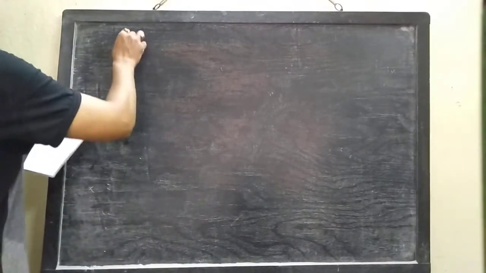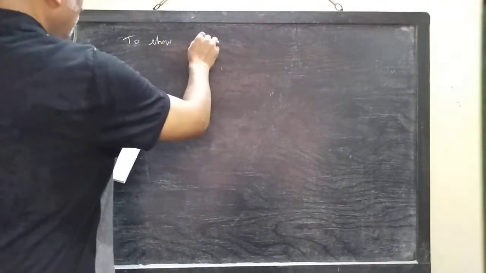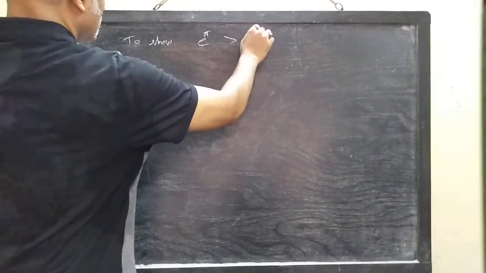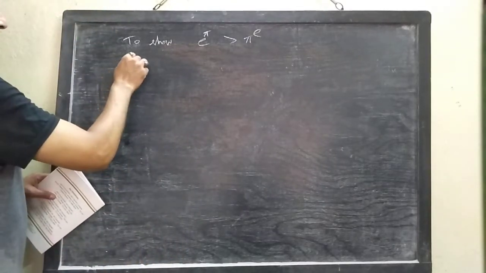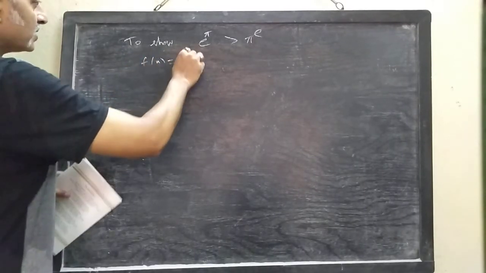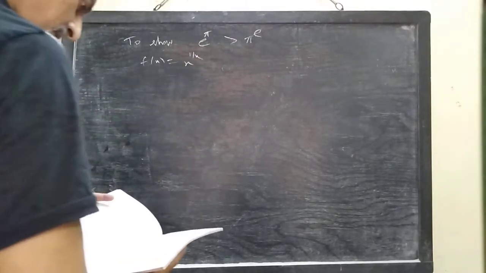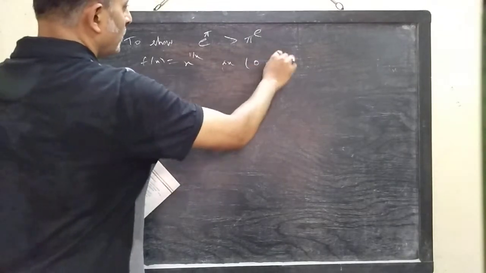To show e to the power pi is more than pi to the power e. For this, let us consider the function f given by x to the power 1 by x in open interval 0 to infinity.